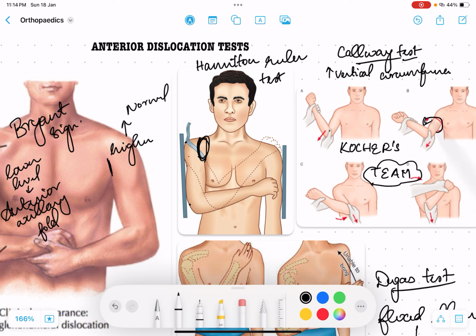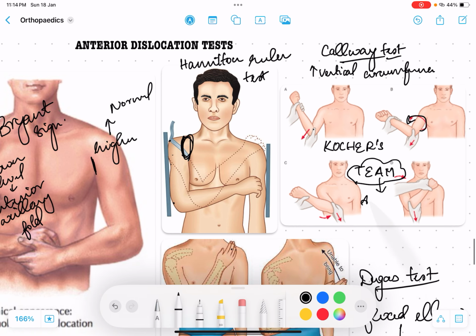In the same position, without any other configuration change, we do adduction, not abduction. See, here adduction has been done. M is medial rotation. So this is traction, this is external rotation, this is adduction, and this is medial rotation.